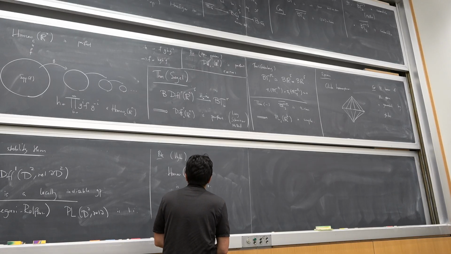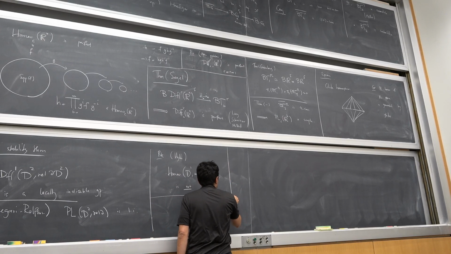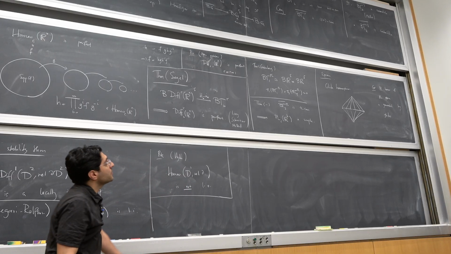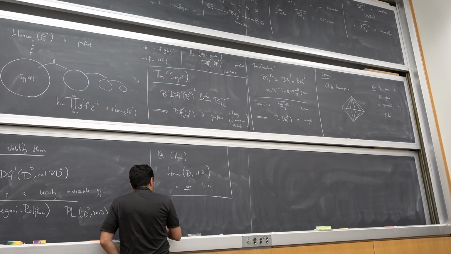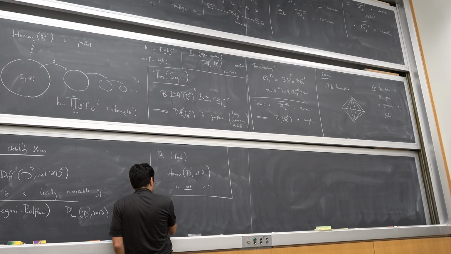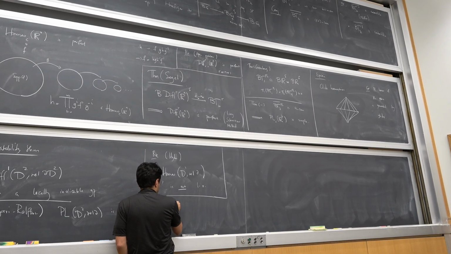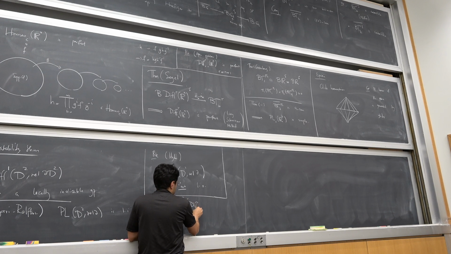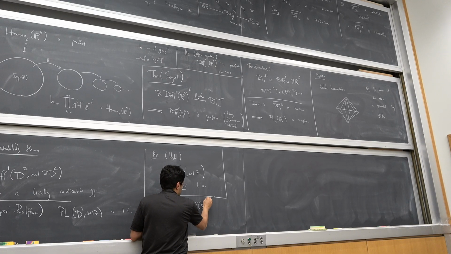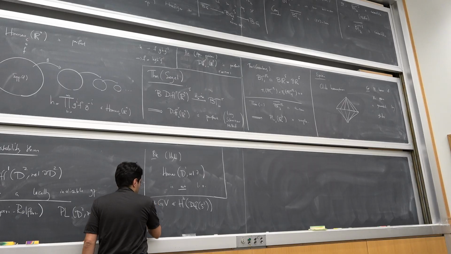But last time I said that there are some differences. So in dimension 1, there was this class, the Godbillon-Vey class. The Godbillon-Vey class in diff is a class that lives in degree 2 of the diffeomorphism group of the circle, which is non-trivial. Okay.